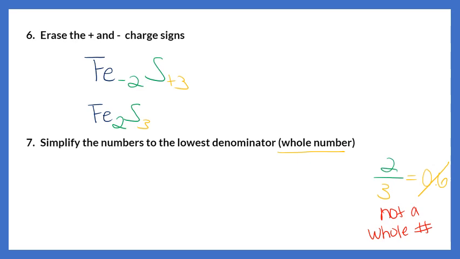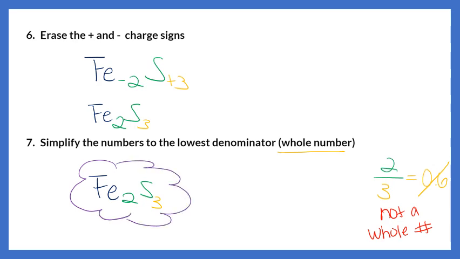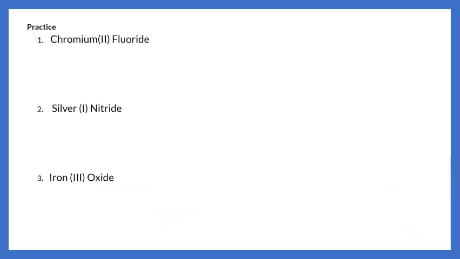So we're going to leave the numbers as they are, and this chemical formula for iron 3 sulfide is Fe2S3. Okay? That is the chemical formula or the compound for the name iron 3 sulfide.